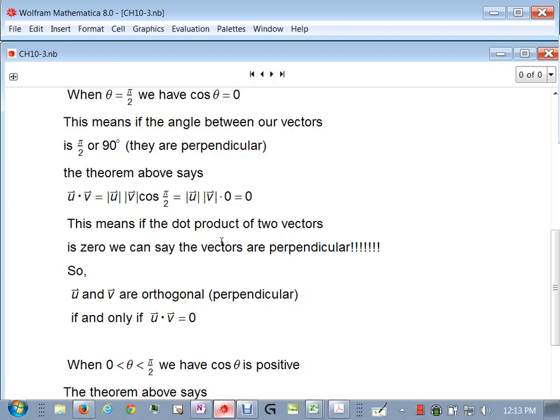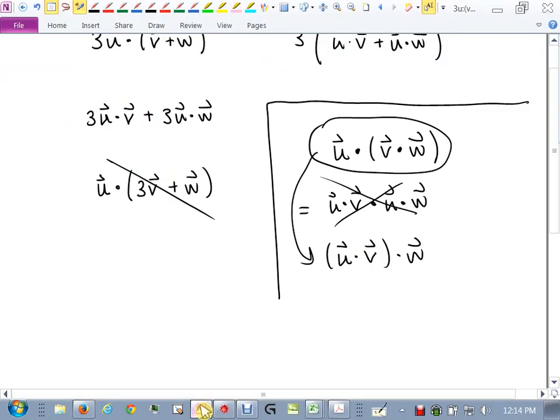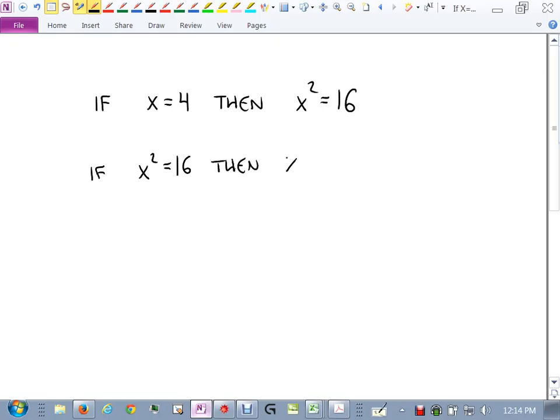What does if and only if mean? This is a logic thing. If x equals 4, then x squared equals 16. Agree? Can you say it the other way around? If x squared equals 16, then is x equal to 4? Not always.